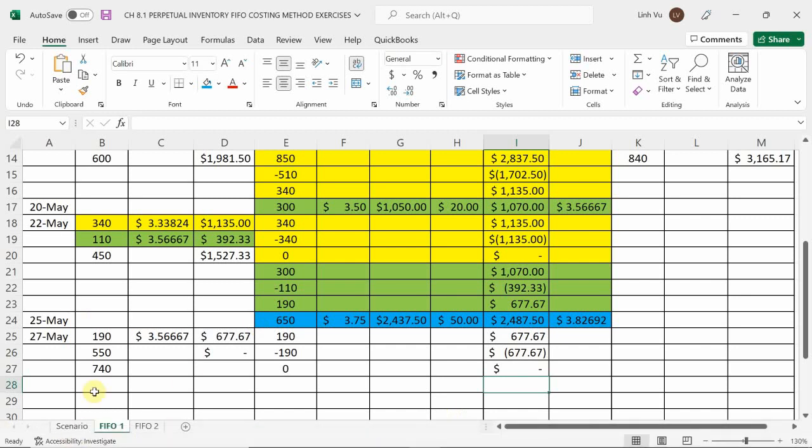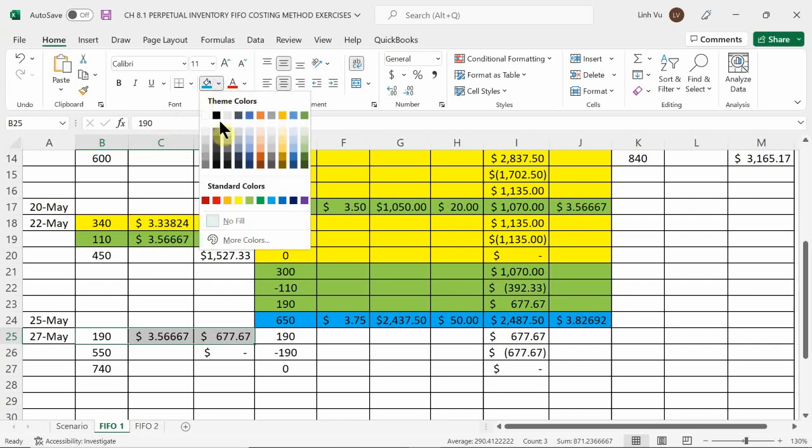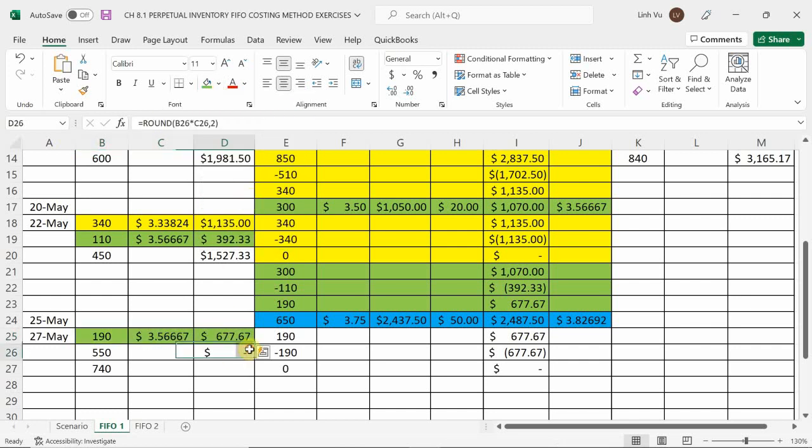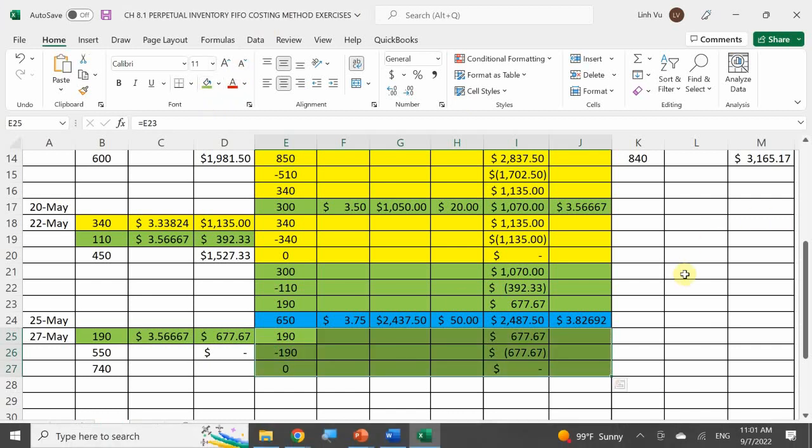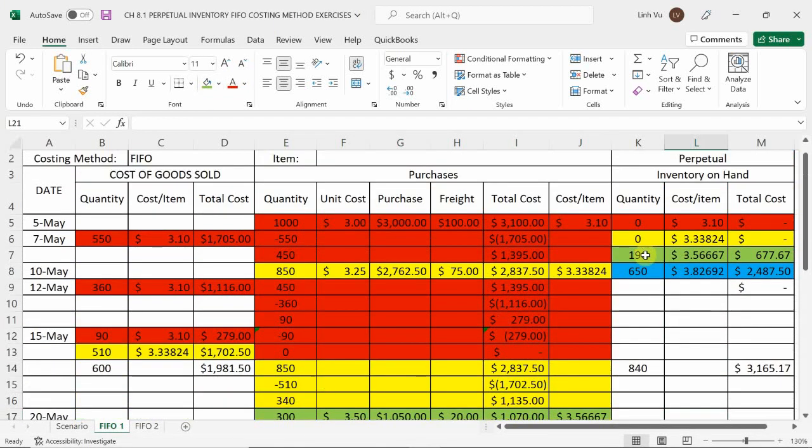So this is my green batch, and we zeroed out my green batch of inventory. So therefore, I only have my blue batch remaining at 650.